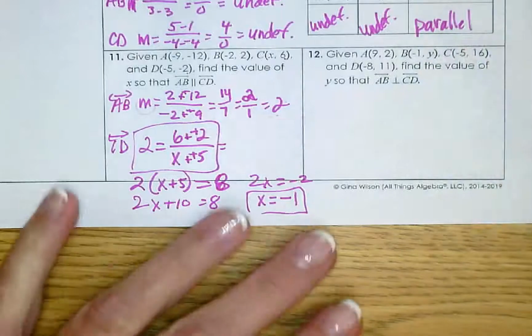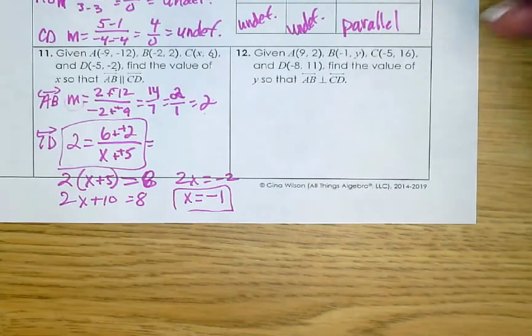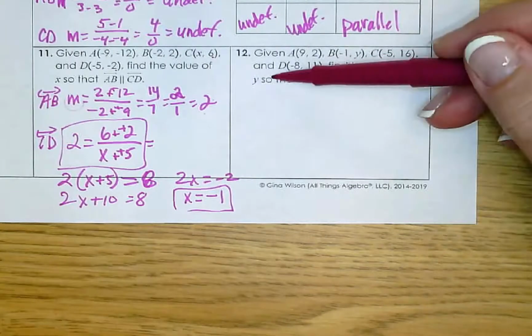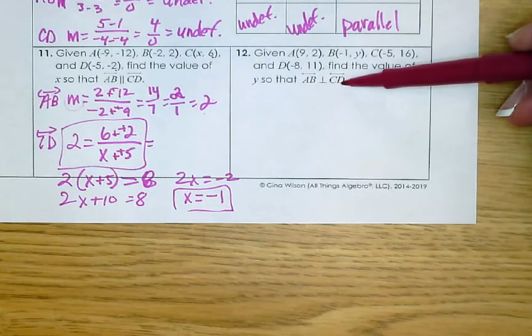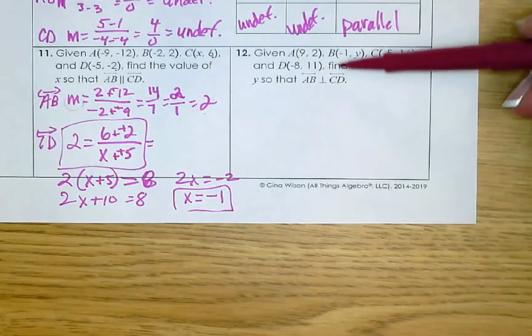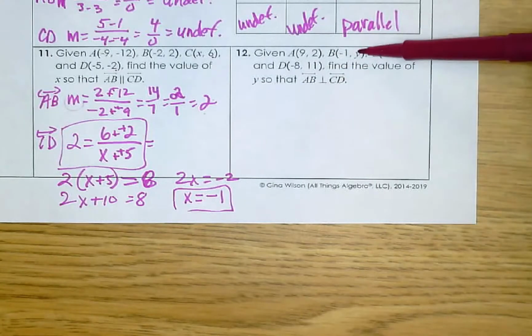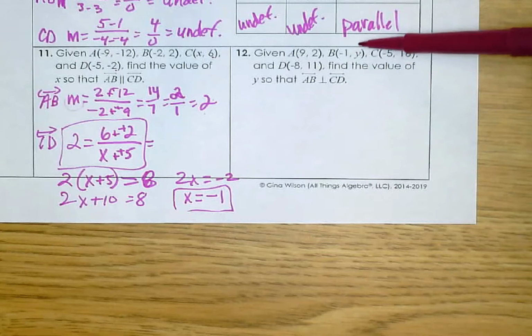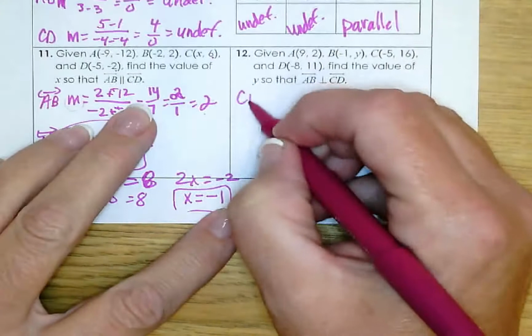Okay. Number 12, same idea, except this one they want us to find y so that the lines are perpendicular. So when I look at AB, that's the part that I want to find, so I'm not going to start there. And I know C and D, so I'm going to find the slope of CD.